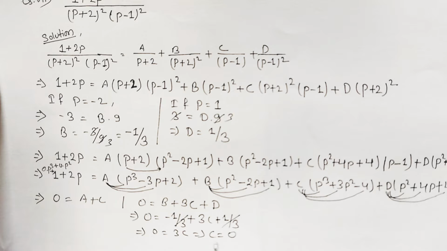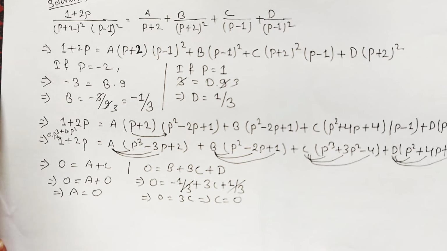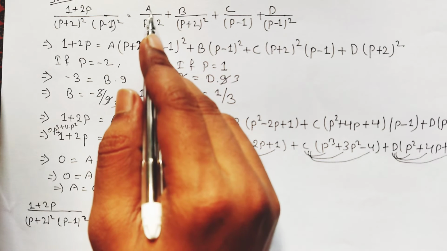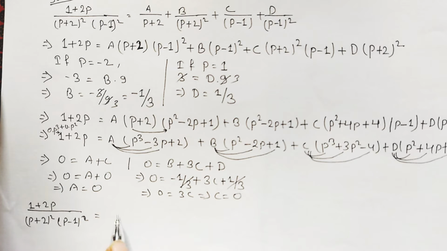Now we have got the value of C. On substituting the value of C here, we have 0 equals A plus 0, that is A equals 0. Now substitute the values in this equation. We will have (1 plus 2p) upon (p plus 2) whole square times (p minus 1) whole square equals A, which is 0, so 0 by (p plus 2) is 0, so leave it.